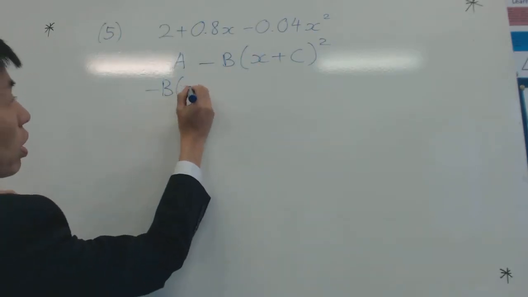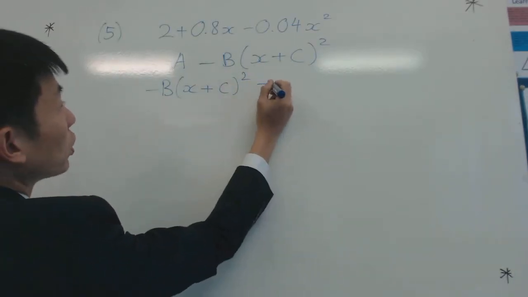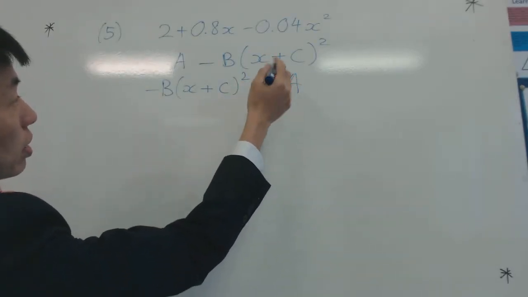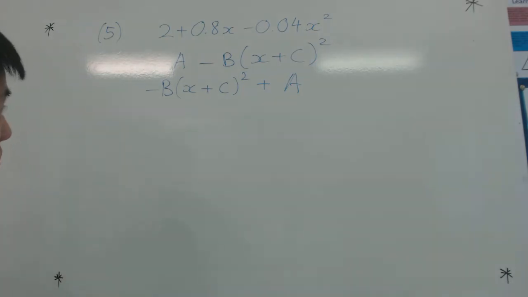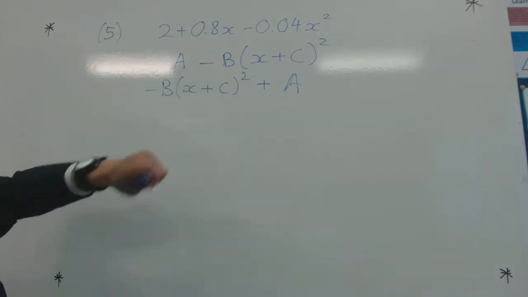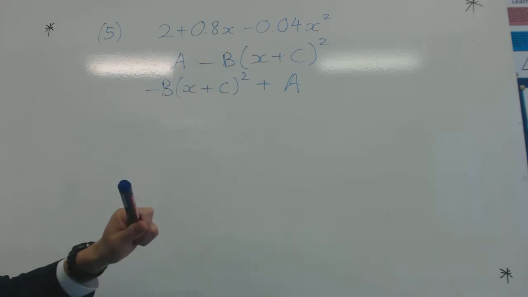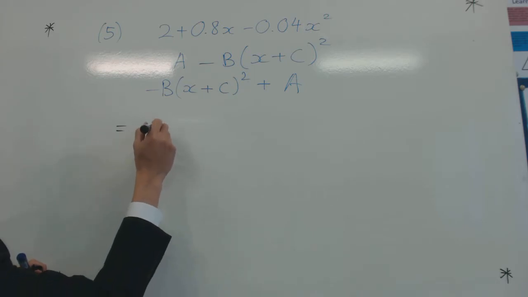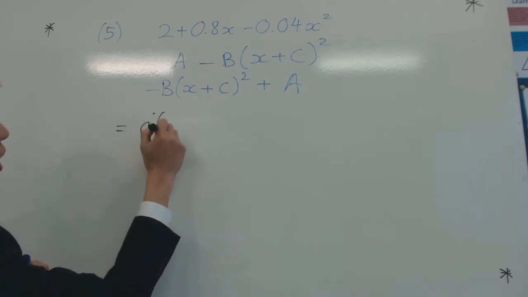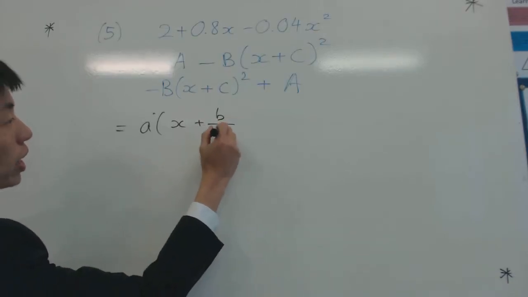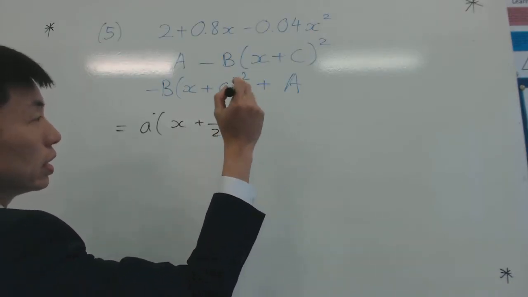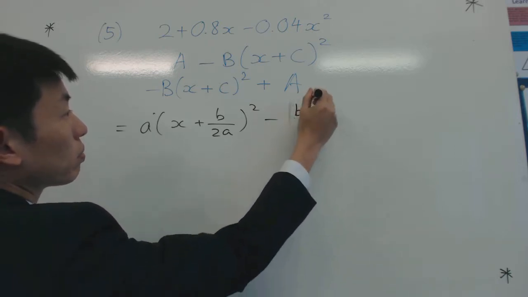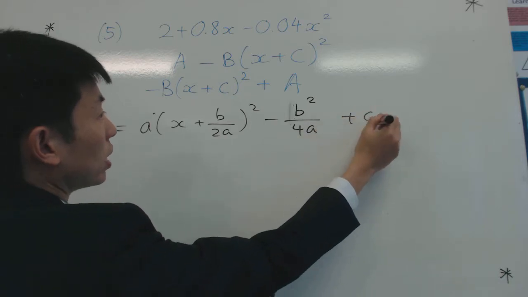Okay, so if I rearrange this, you can appreciate that this is usually our A, and this is usually our B and C. Because we've got a constant and the coefficient is not equal to 1, we're going to use the full formula, which is equal to A open bracket x plus B over 2A close bracket squared minus b squared over 4a plus c.